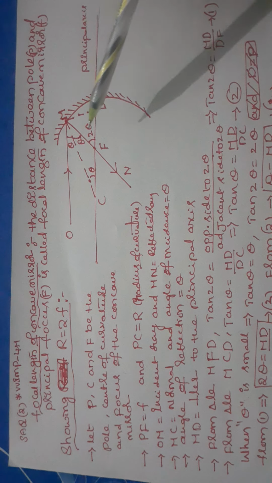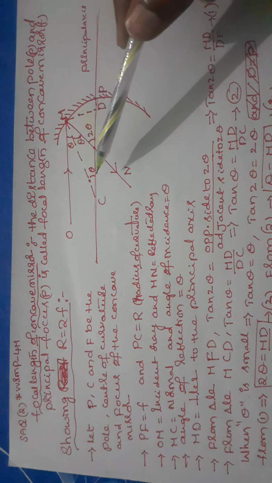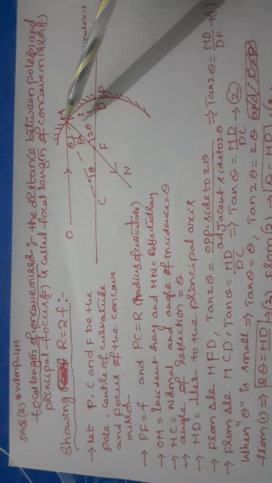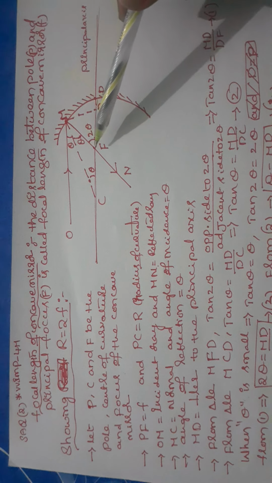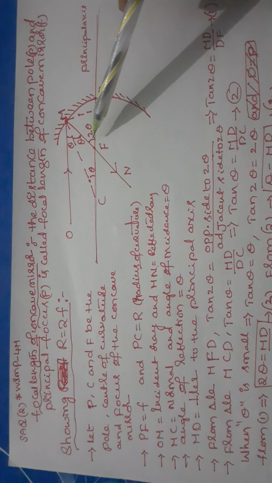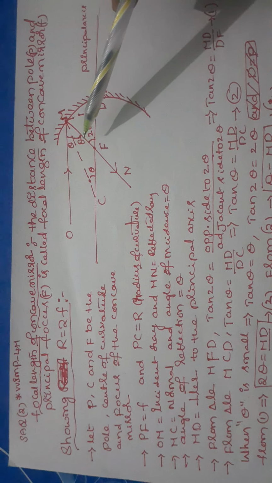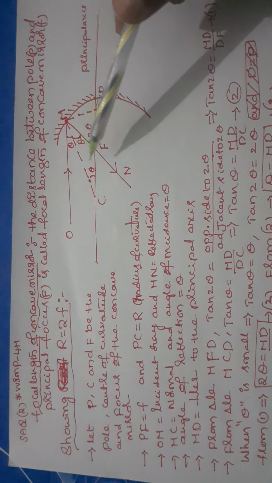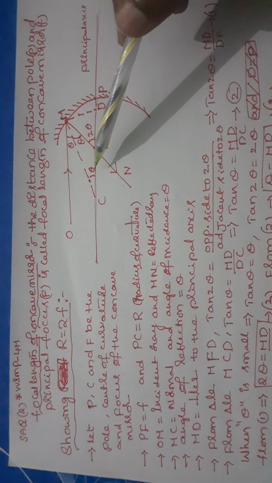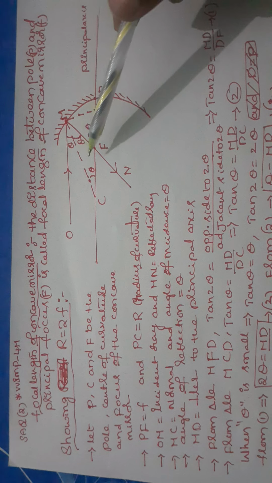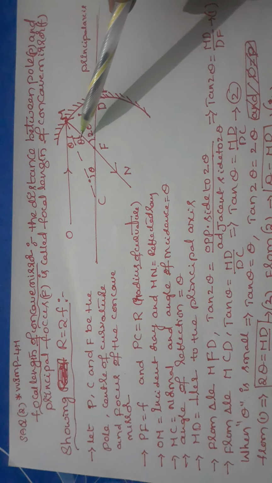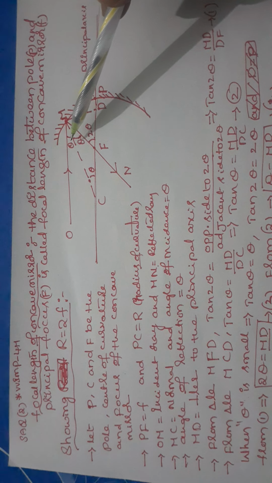Now here, students, in the triangle CMF, we are taking this as 2 theta, then opposite to this, these two angles will be theta and theta. You know that in a triangle, the exterior angle equals the sum of the two interior opposite angles, that is why theta is taken here. This is called the angle of reflection, and this is called the angle of incidence.